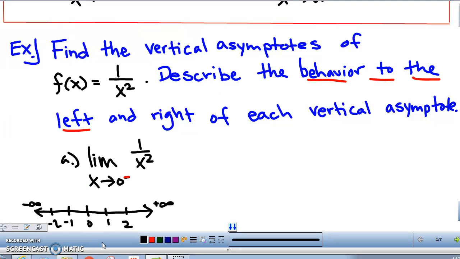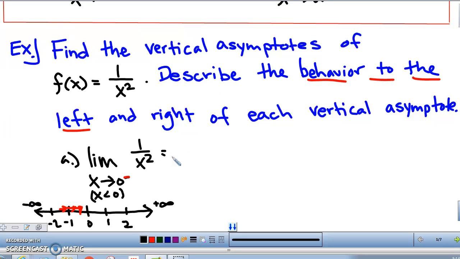Okay, we're approaching 0 from the left side, from the negative side. We're talking about values like -2, -1, -1/2, -1/4, and so on. Okay, so we're talking about x values that are less than 0.